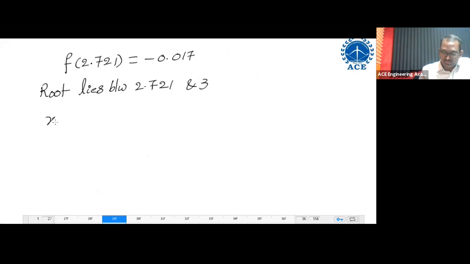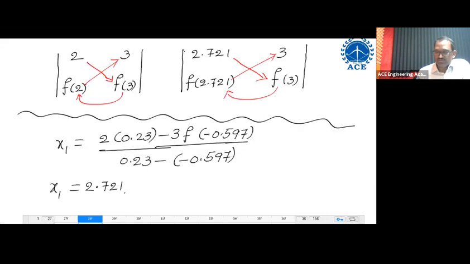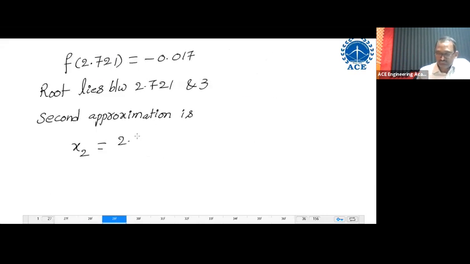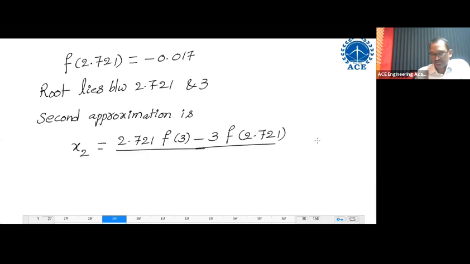So second approximation is x2 is equal to 2.721 into f of 3 minus 3 into f of 2.721 by f of 3 minus f of 2.721.